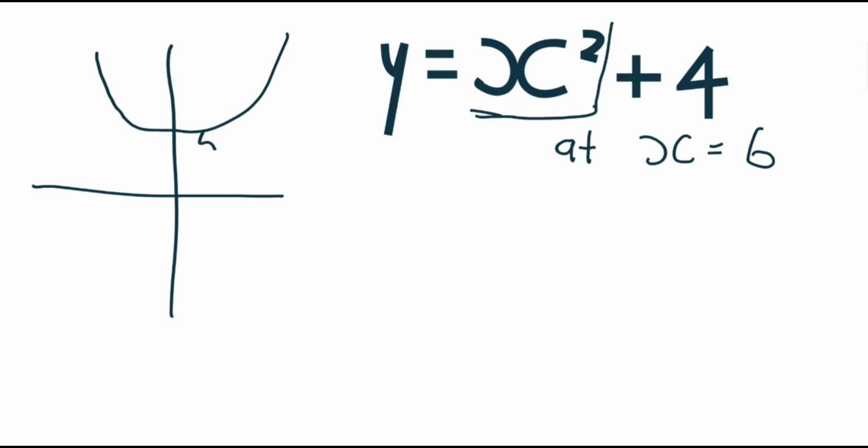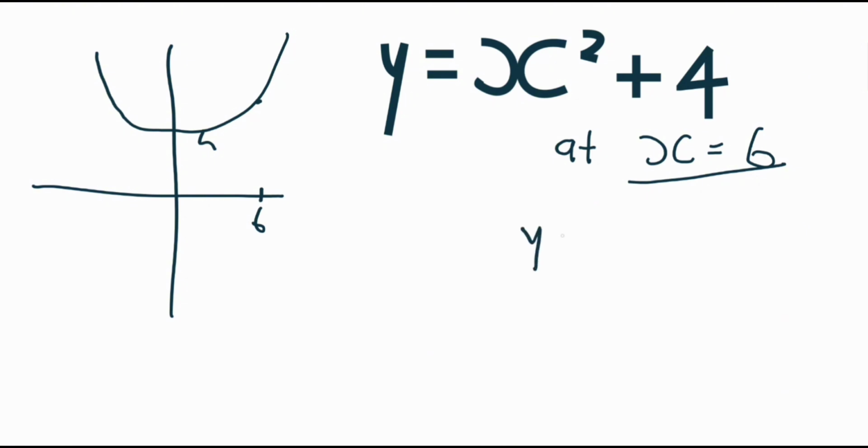Okay, so our x is going to be 6. We want to find our point where x equals 6. So we'll call this point 6 here. But wait, we need to know our y before we do this. If y equals x squared plus 4, we are going to have to plug in 6 for x.